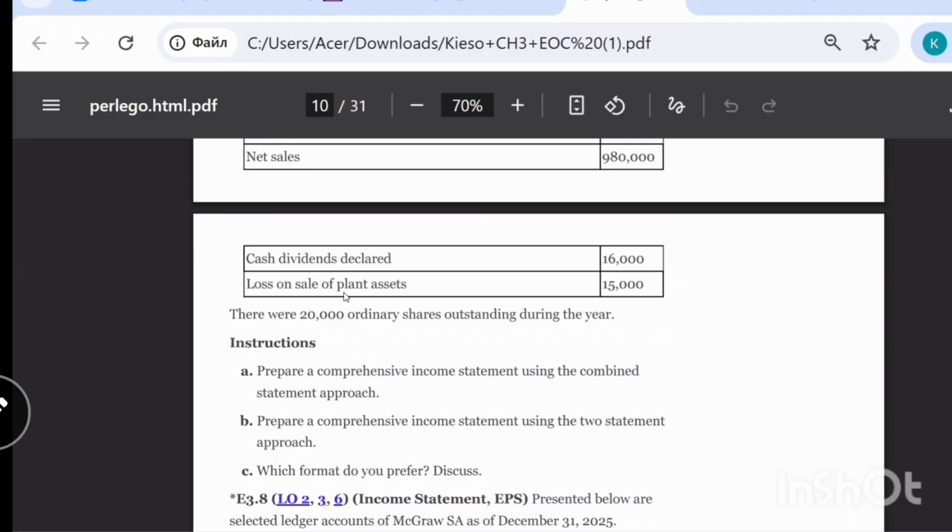We will have the same information, not completely different numbers, just a simpler way of understanding for the third party. I will explain it in more detail during the solution. The third requirement, C, asks which format you prefer, and to discuss. Let's start with A, preparing the comprehensive income statement using the combined statement approach.